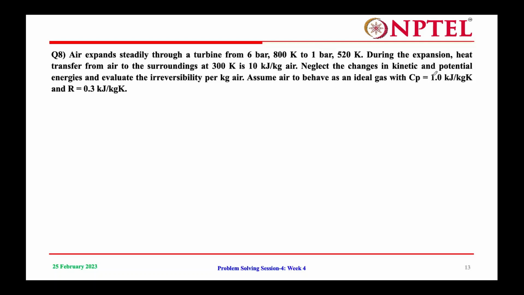Neglect the change in kinetic and potential energy and evaluate the irreversibility per kg of air. Assume air behaves as an ideal gas with Cp equal to 1 kilojoule per kg Kelvin and R equal to 0.3 kilojoule per kg Kelvin. So we have to calculate the irreversibility.